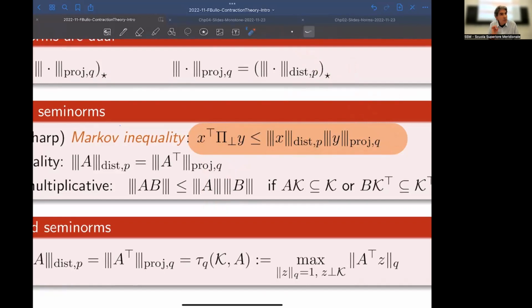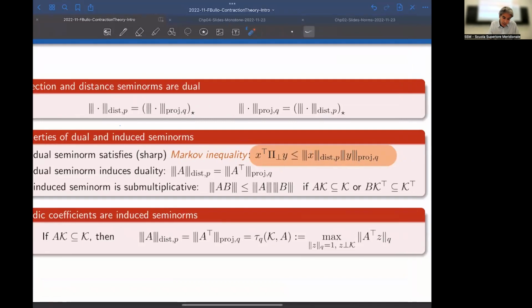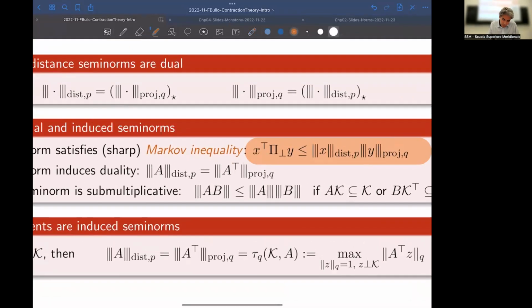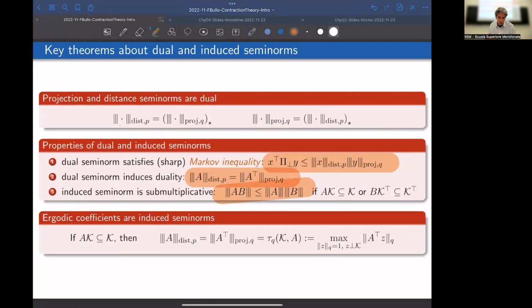So this is the exact equivalent of the Holder inequality. It's called the Markov inequality, and it's tight. And then, if you take A transpose and you take the distance induced seminorm for A, you get the induced seminorm for A transpose, but you go from P to Q and from distance to projection. And you get this multiplicative property that you needed.